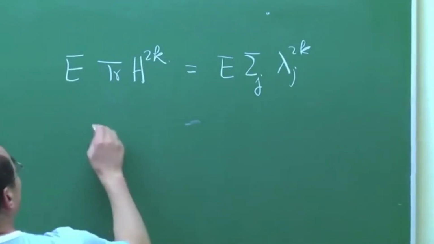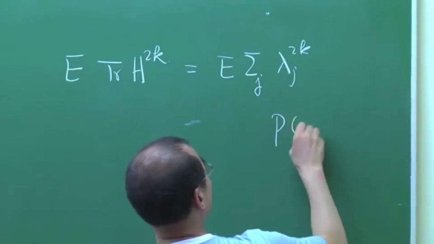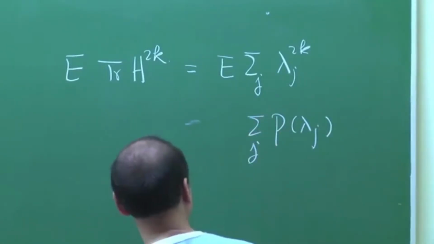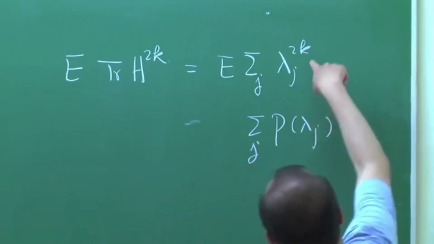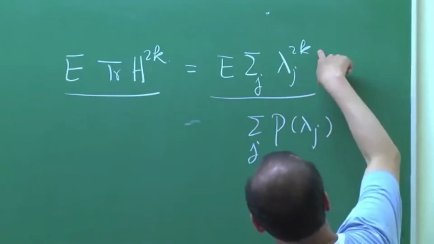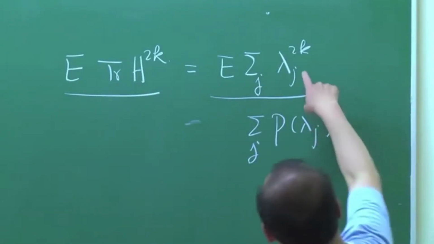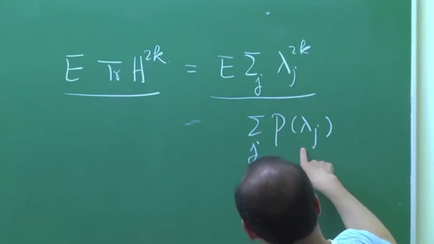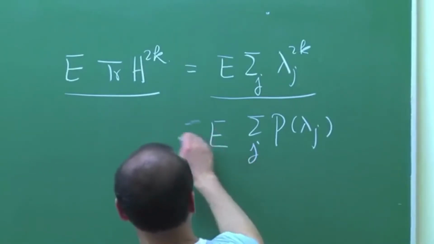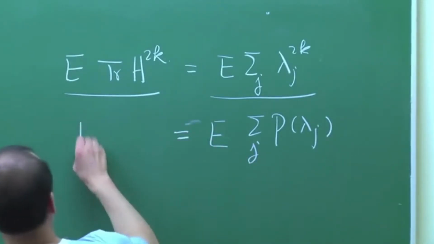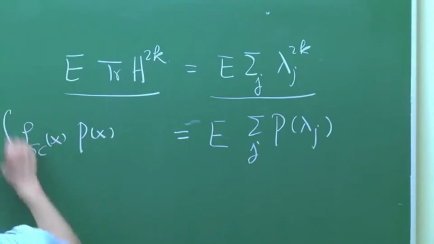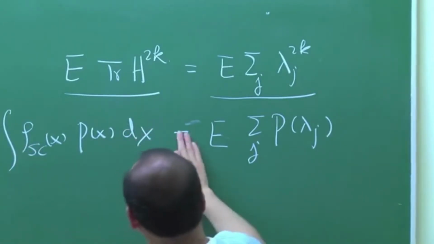Suppose you have a polynomial p of lambda j, summed over j. If you can compute this, then you can compute lambda j to the 2k. And if you can compute lambda j to the 2k, then you can compute all the polynomials. So what you know is that this one is equal to the integral of the polynomial of x times the semicircle of x dx, in the limit.